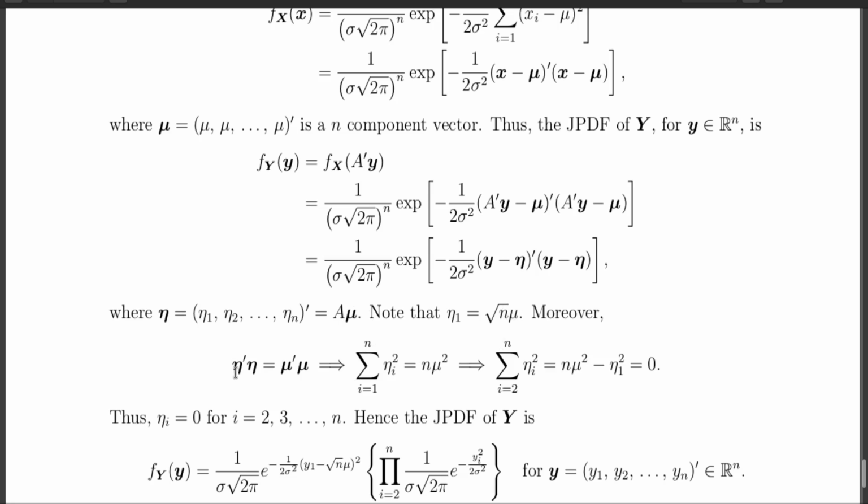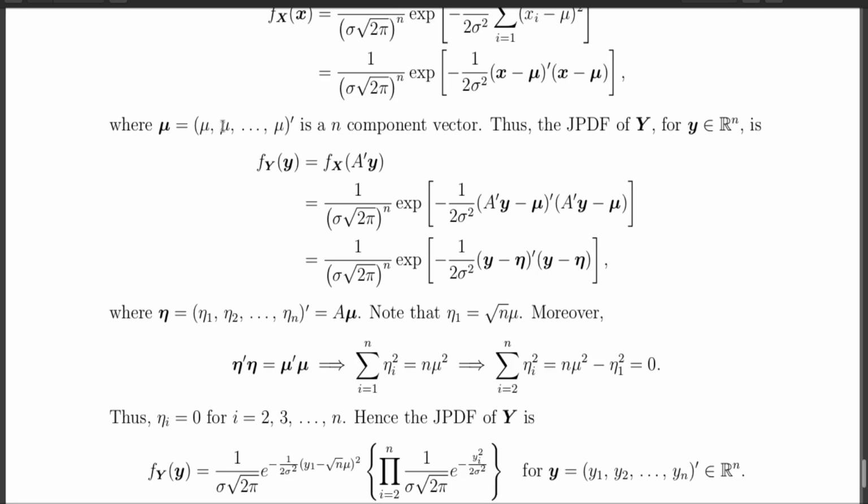Now you see that neta transpose neta is basically mu transpose A transpose A mu, and because A transpose A is I, it is the same as mu transpose mu. So neta transpose neta and mu transpose mu have the same value. That means the summation of neta i square, i equals 1 to n, is the same as the summation of mu i square, i equals 1 to n.